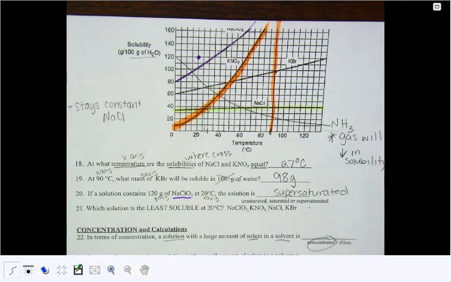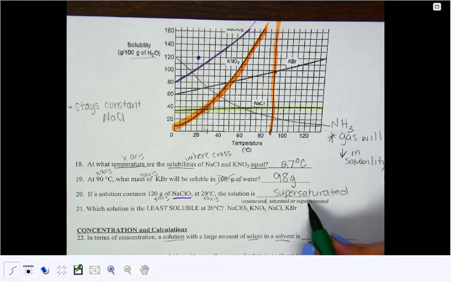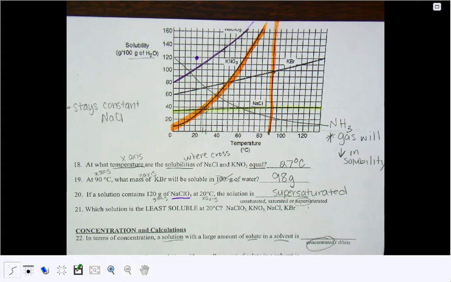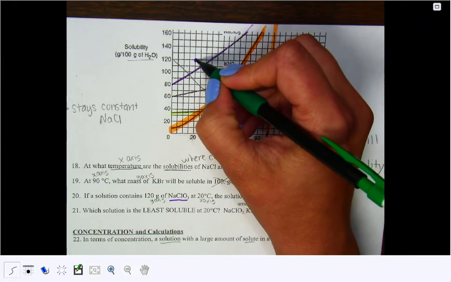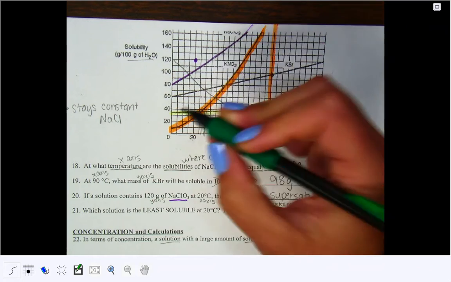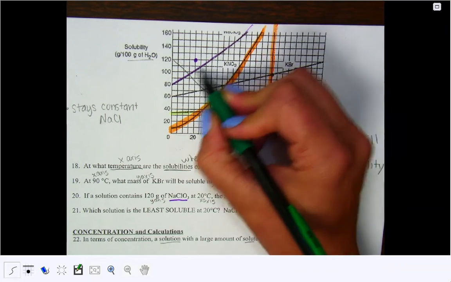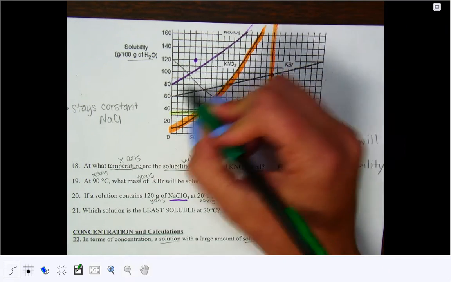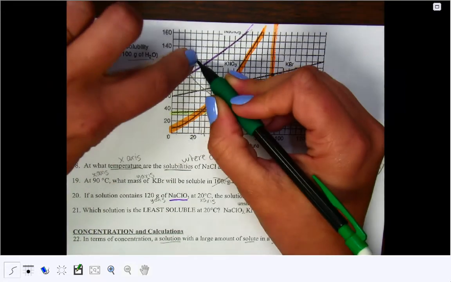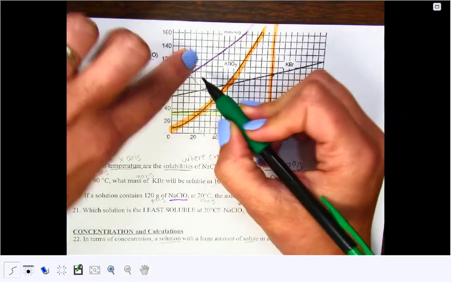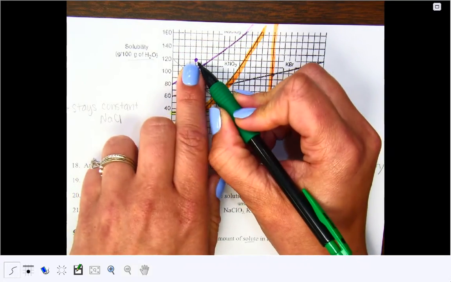All right, I want to make a big point on this one again, because quite a few individuals are getting confused about what you're actually saying is above, below, or on. Remember, the dot is our new conditions. This is what we're analyzing. We're saying, in relation to what the original solubility was, where are we now? So you're looking at where the dot is in comparison to the line, not where the line is in comparison to you.